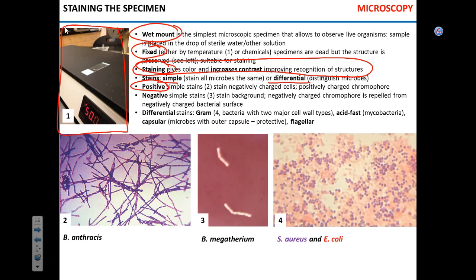Negative. So all those phosphate heads are negatively charged. Does that make sense? Anything that is positive will be attracted to those negatively charged phosphate heads. So a positively charged chromophore, a positively charged dye, will highly efficiently attach to the negative surface of the bacterial cell, producing this positive stain. Is that clear?